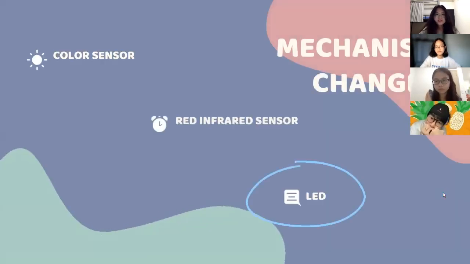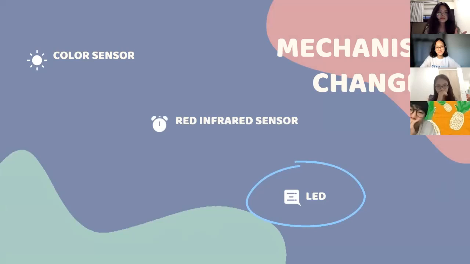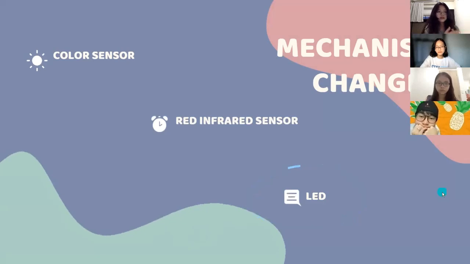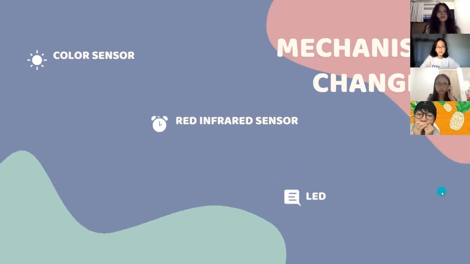So next we'll present the mechanism. Our mechanism is basically that we need to design a product that remembers the emotion that the player first chose, and the product will reward the player if, after the play, the emotion that randomly comes out is equivalent to the emotion that the person first chose.